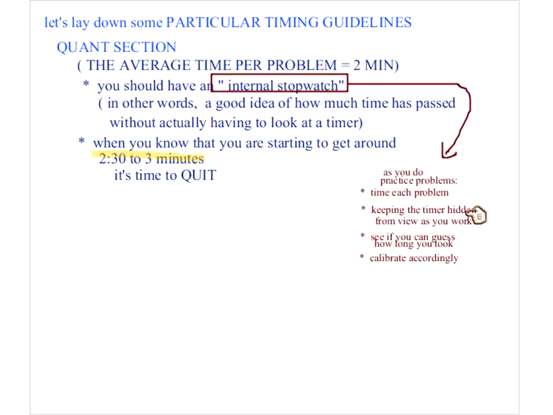You don't look at the timer, and then at the end of the problem, before you look at it, you say, okay, I think that was about 2.5. And then if you turn the timer over and it says 3:45, you know you've got issues, and you know you have to calibrate your estimates down accordingly. Similarly, if you turn it over and it's half the time you thought it was, then you've got issues the other way. So it's really just repeated trial and error. It's not a real fancy procedure or something like that.